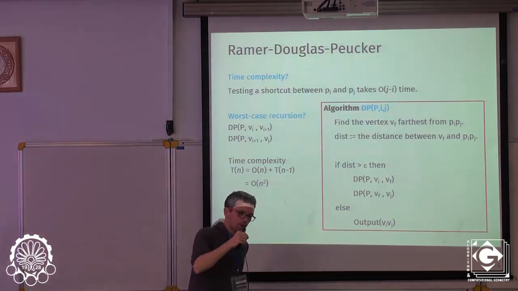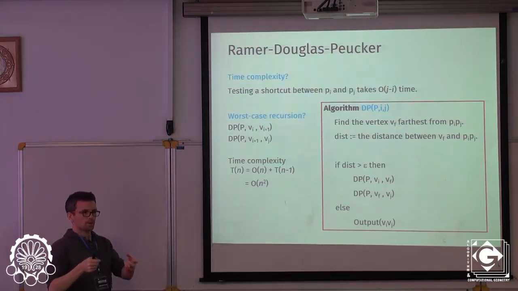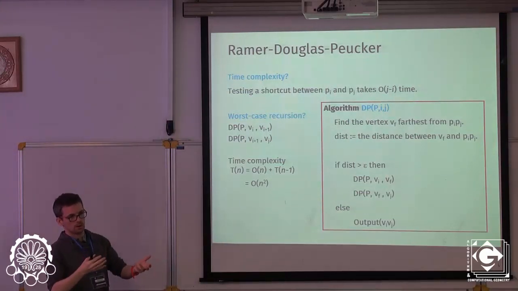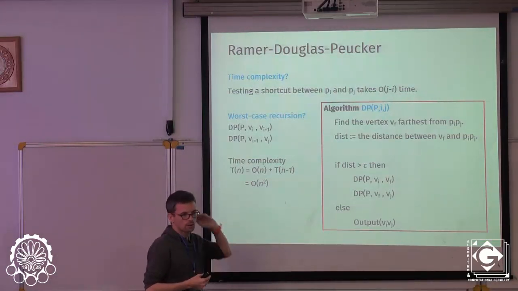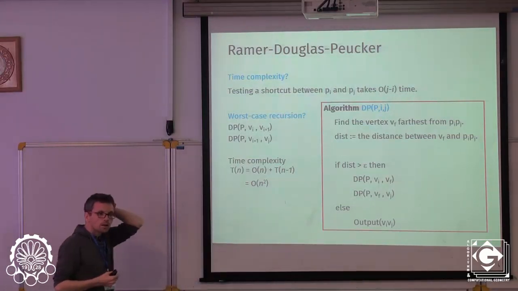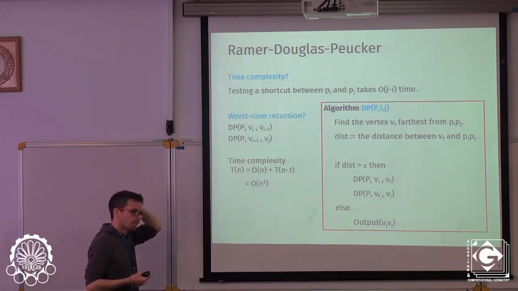So I understand the question. You could try to relate epsilon to some quantity of the trajectory and then integrate that with the running time somehow, but that is not done. I can imagine that for epsilon equal to 0, when we really want to simplify a trajectory to itself, this is the worst case running time. But my question was, for a very big epsilon?